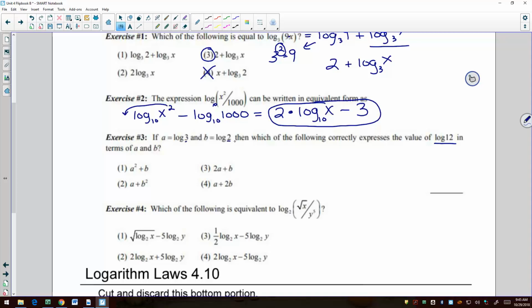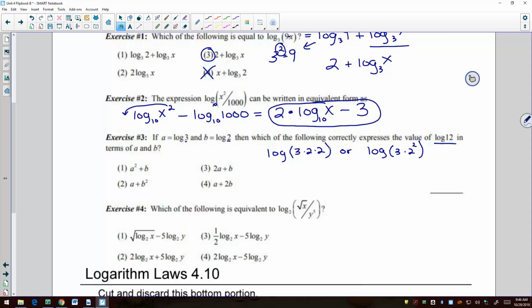So 3 times 2 is 6, not 12. But you should realize there are 2 ways to write this. You ready? You could break 12 into 3 times 2 times 2, or otherwise known as the log of 3 times 2 squared.